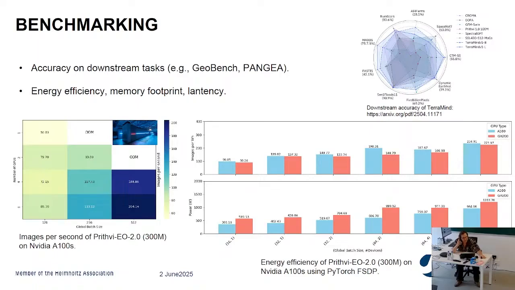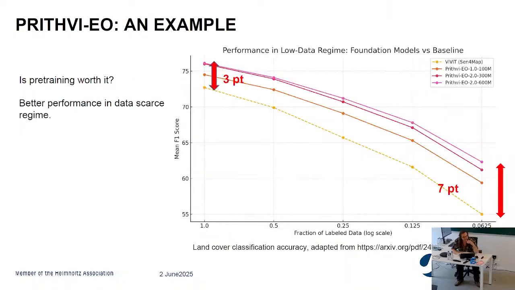I really mean that we need a holistic approach to provide the community with insights on when, in which cases to use these large models, because of course one might think that they cost more in deployment. So there have been many activities, some also by us, but the point is that it's very important to understand when these models can actually help and why. So here I have an example from PRIV.io.